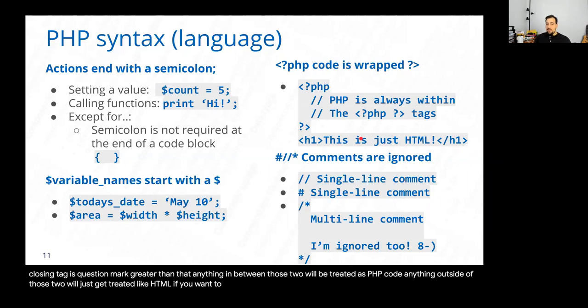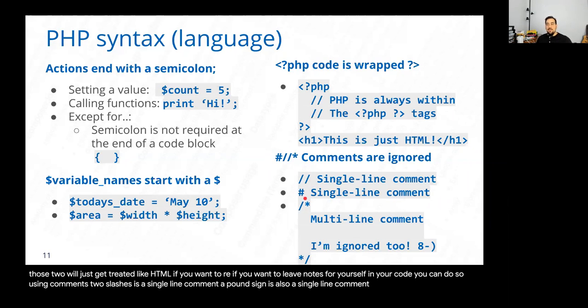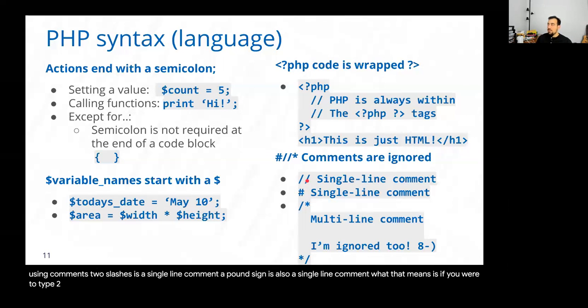If you want to leave notes for yourself in your code, you can do so using comments. Two slashes is a single line comment. A hash sign is also a single line comment. What that means is if you were to type two slashes and put them at the beginning of a sentence, PHP would ignore that sentence.